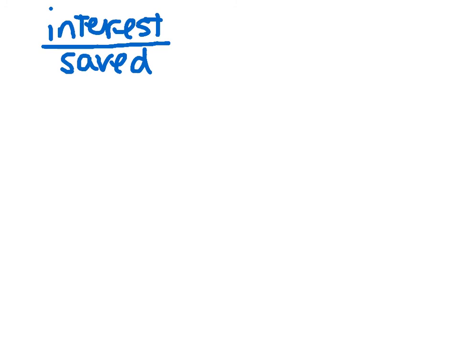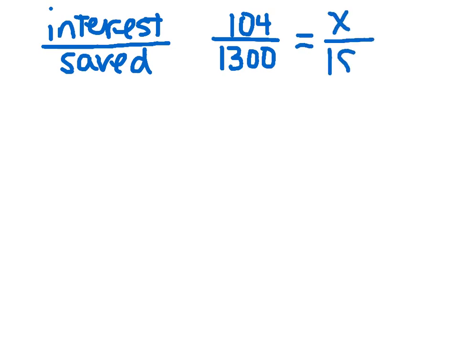If $104 of interest is earned, so because interest is going on the top, I'm putting it there, on $1,300, how much interest will be earned on $1,800 in the same period of time? Since we don't know interest, we'll call that x. We'll call this 1,800. And you easily cross multiply and definitely use the calculator here, and you find out that x is equal to $144.